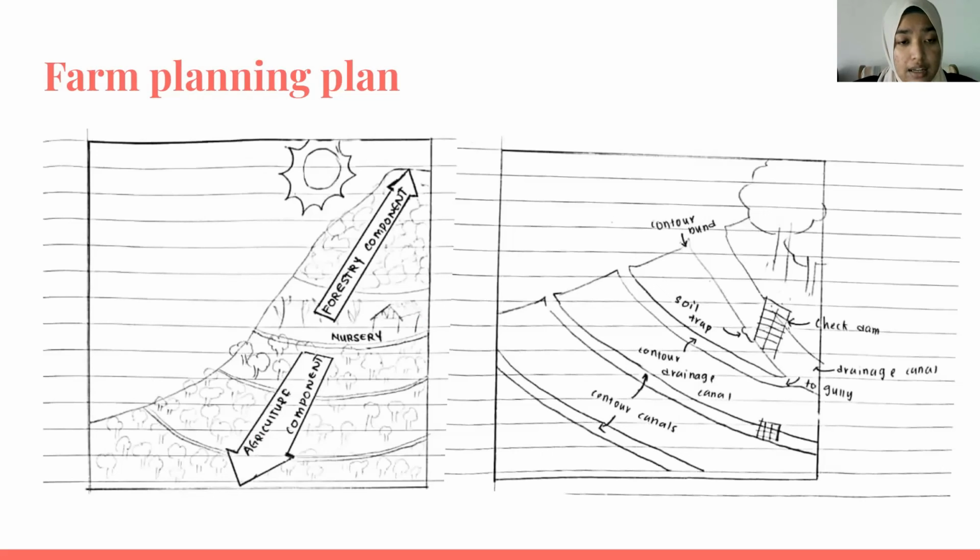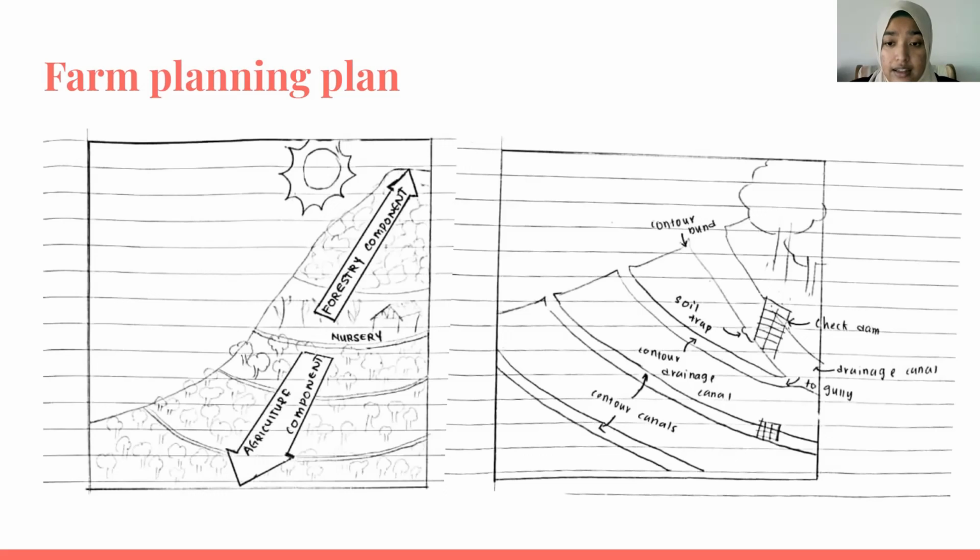It is a big advantage for us to keep the crest until the talus slope as a forestry component, because the organic material from the forest area will run off to the agriculture component when there's rain, and our plantation area will have higher nutrients from the forestry organic material.